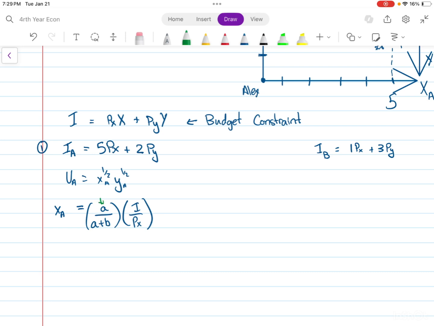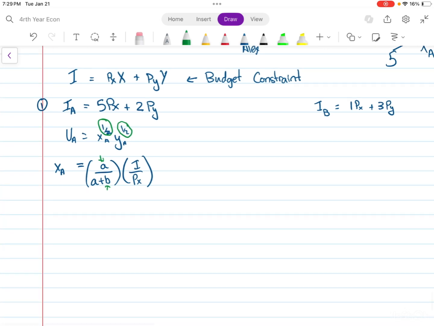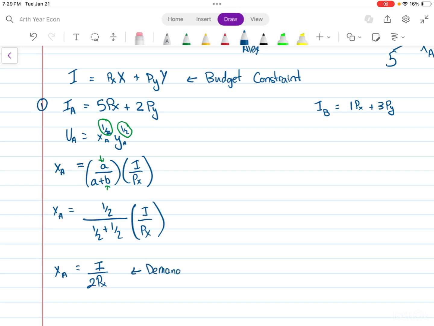A in this case is 1/2, this exponent right here, and B is the exponent of the Y term. So let's sub those in. XA is equal to 1/2 over 1/2 plus 1/2 times the income over the price of X. So we get XA equals income over 2 times the price of X. This is one of the demand functions for Alex for good X.